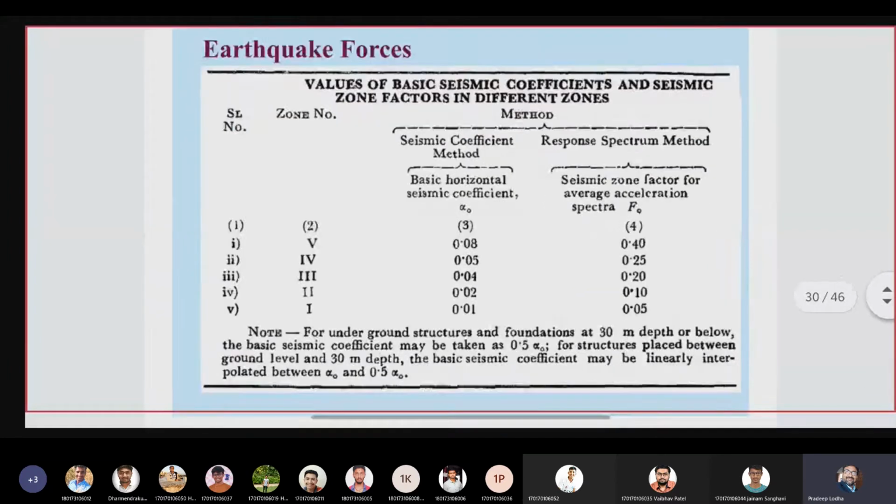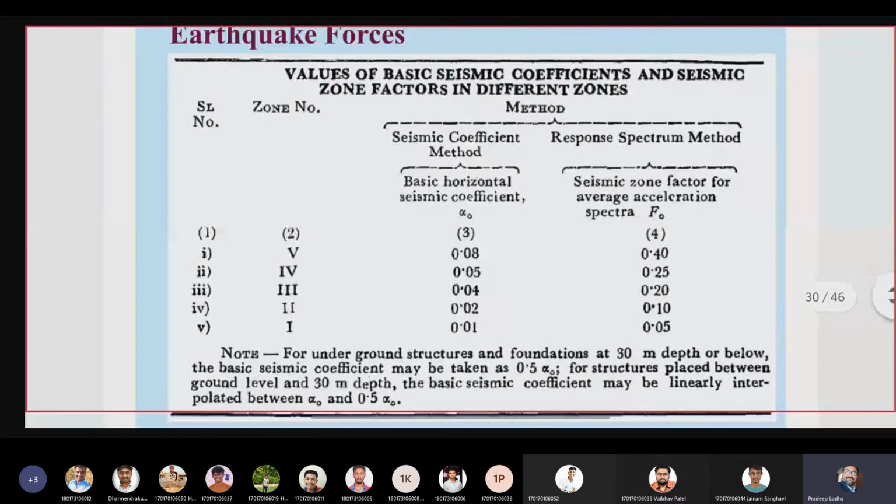These are the different seismic zones 5, 4, 3, and 2, and these are the values of alpha 0: 0.08, 0.05, 0.04, and upon the severity of the zone, they are taken into consideration while designing the structure.